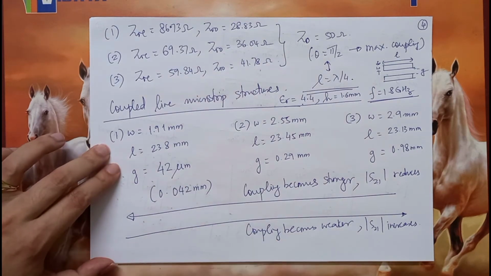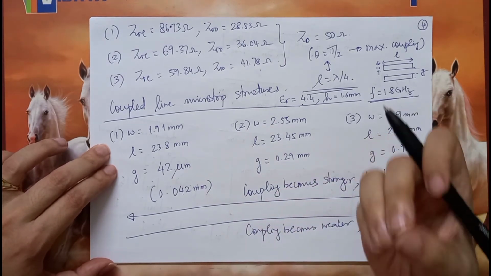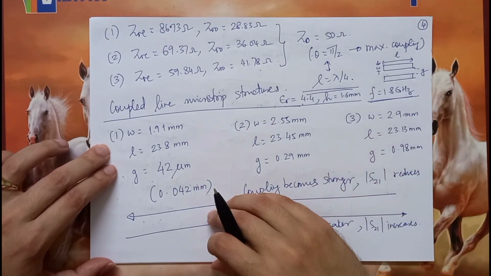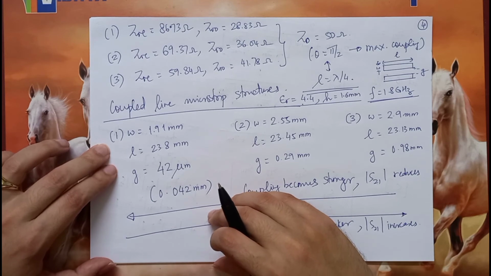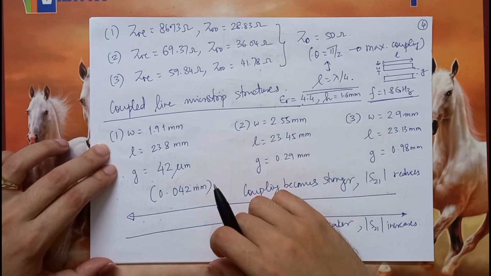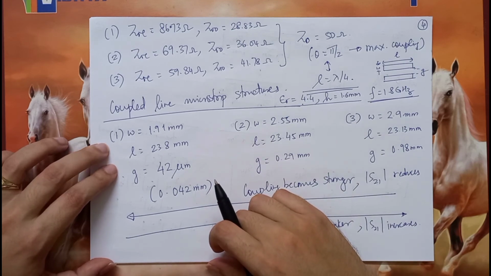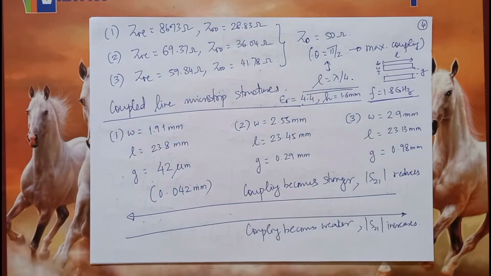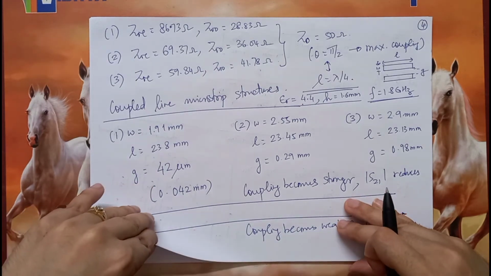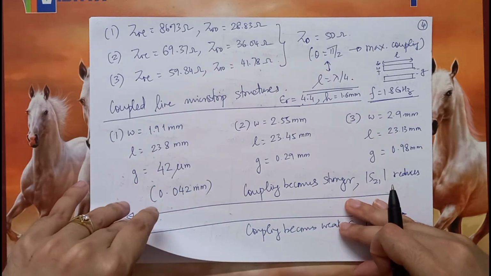Now it may be so small, this 42 microns, that on a printed circuit board it might be very difficult to realize. So therefore we can say just by this analysis that by nature coupled line couplers are weak couplers, because it is very difficult in practice to achieve strong coupling.